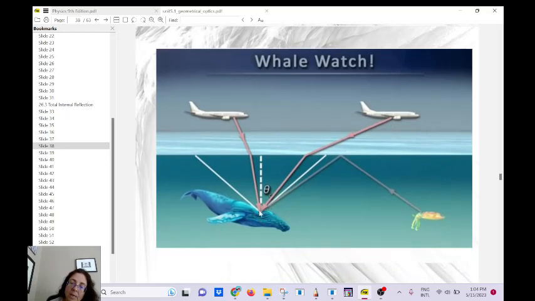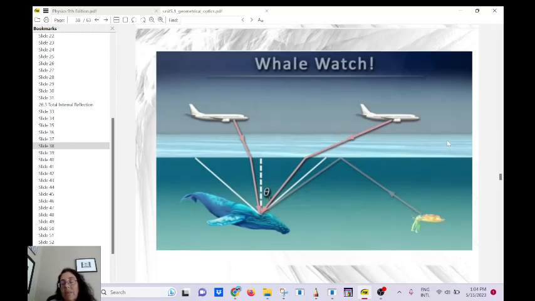So it means the whale sees the airplane, so you have light coming from the whale, and it can be seen by the airplane. If the airplane is further, okay, so now the light that tries to reach the airplane here cannot escape. So the whale can be seen by the squid here, or it can be seen straight forward here, but it cannot be seen by the airplane.